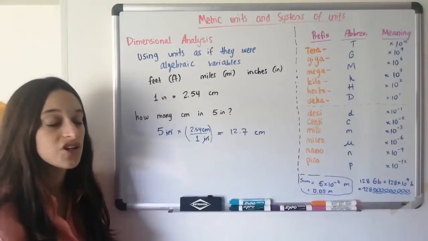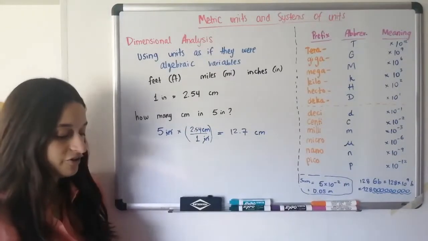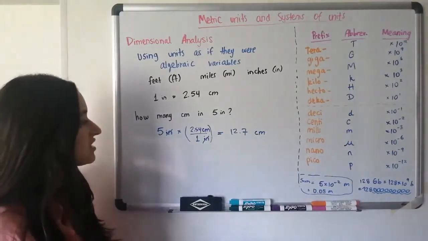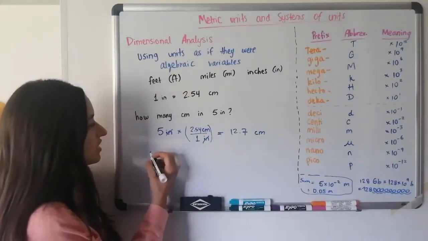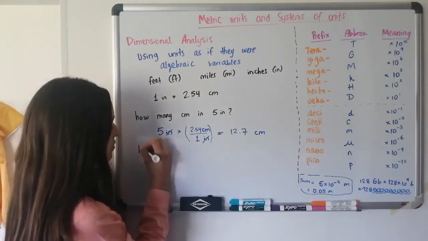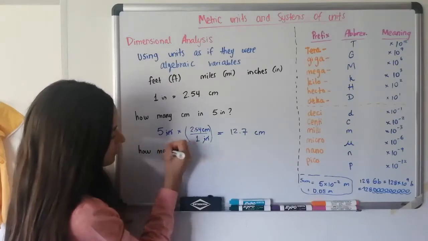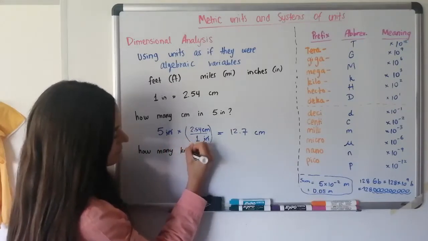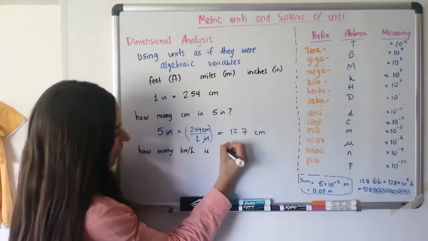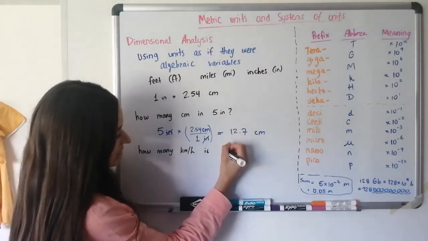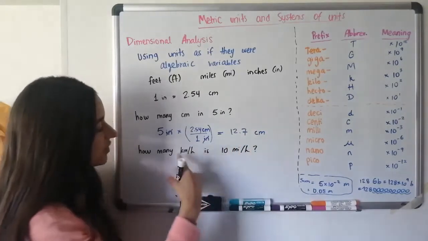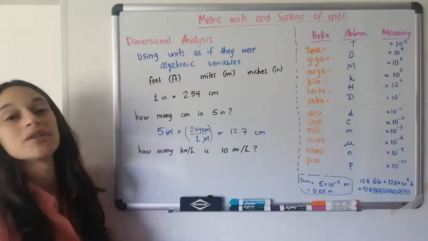So one conversion that you're going to have to do quite often is from kilometers per hour to miles per hour. So we have an example. Let's say someone is going at 10 miles per hour, and we want to know how many kilometers per hour is 10 miles per hour.